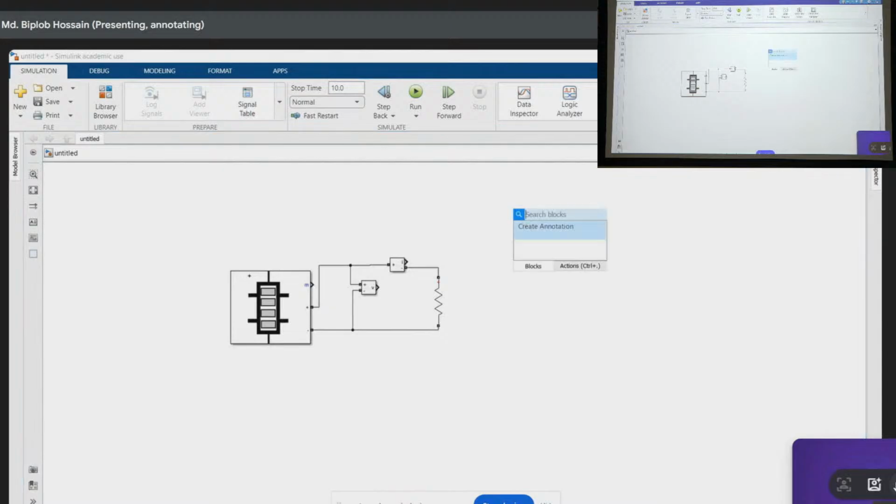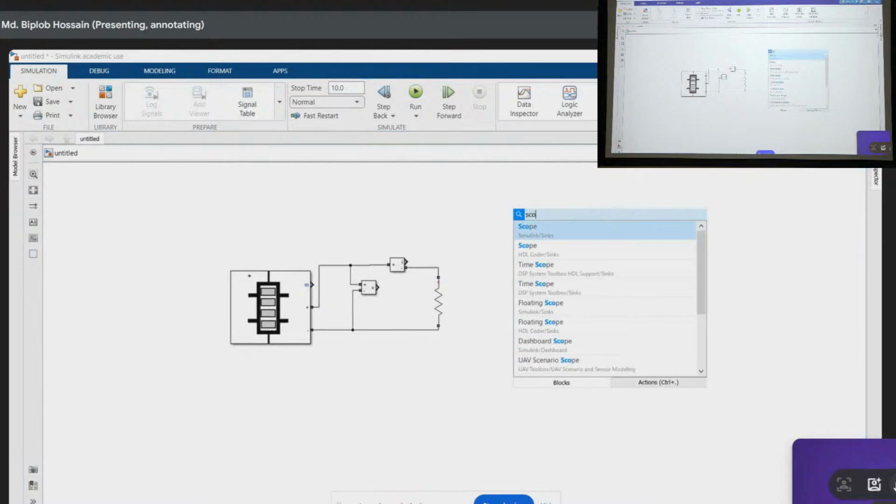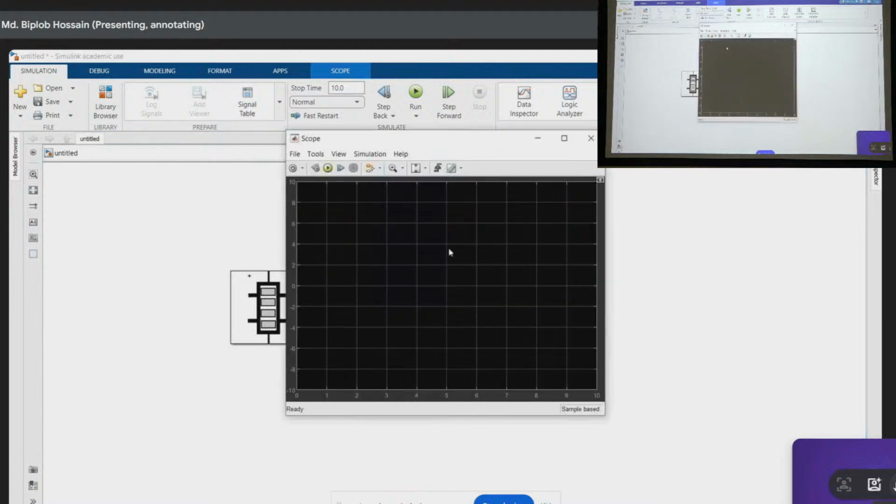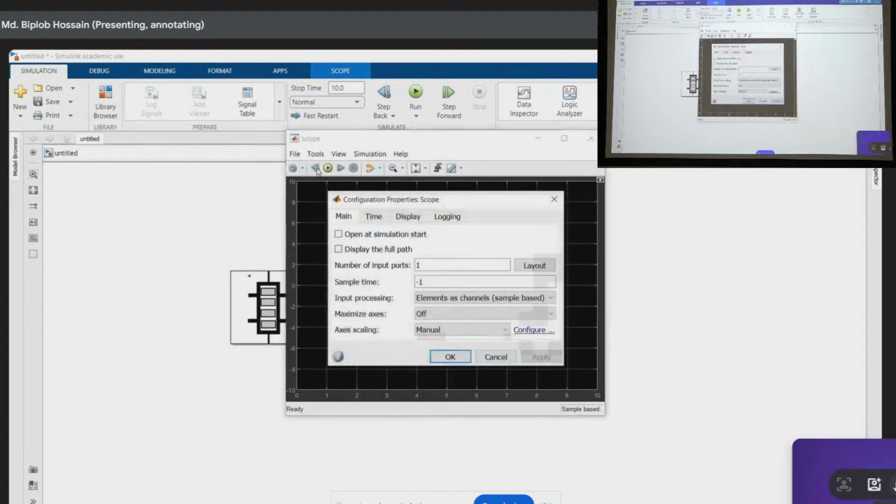So we can write here scope. It is like the oscilloscope, the things we are doing in the lab. So double click here, so we can change its properties, many things. The way we want to observe the results, we can do.